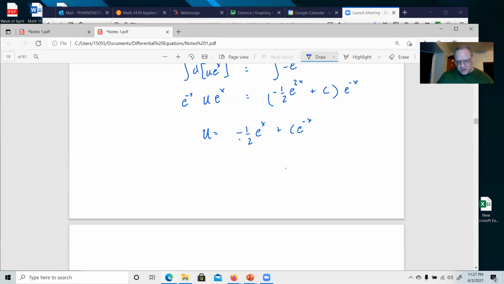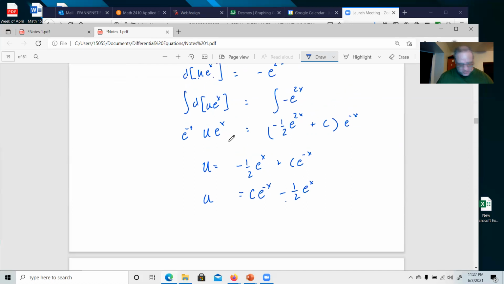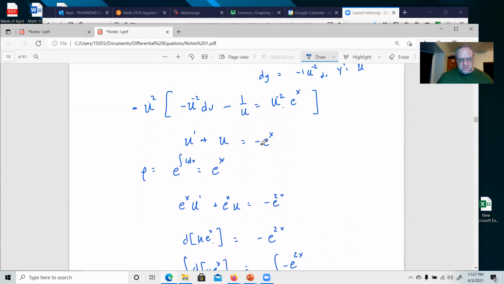A lot of times your book is going to say c e to the negative x minus 1/2 e to the x, in an attempt to spare the negative sign there, because it's really easy to lose them. As I'm looking at my notes here, and then what the heck was u?